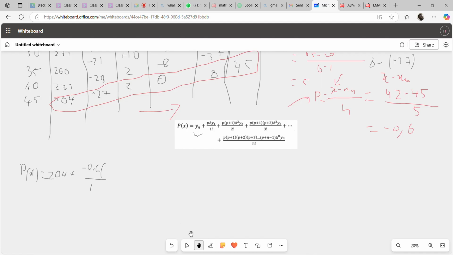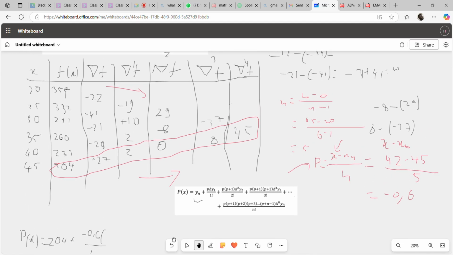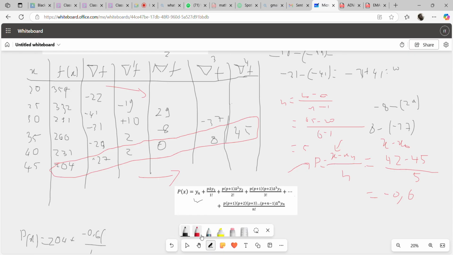Now you have to pay attention. When it comes to backward, you start from low going up. So your first value of the backward here should be this minus 27. You can do it straight like this, you get full marks.